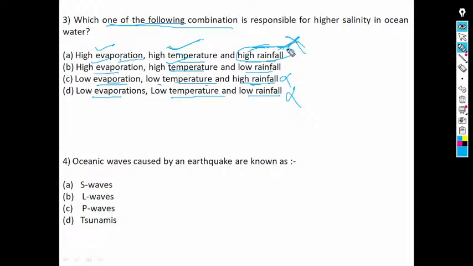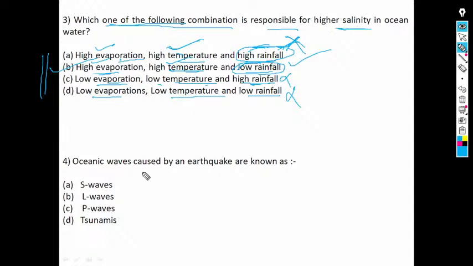Low rainfall, however, increases salinity. So the correct option is B. High evaporation, high temperature and low rainfall are altogether responsible for higher salinity.